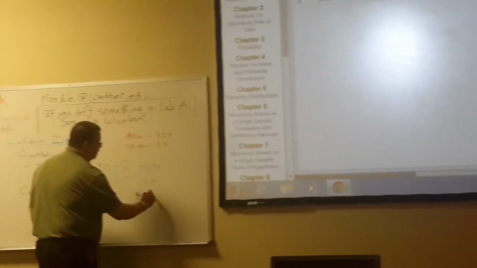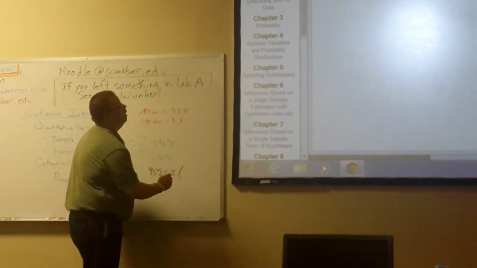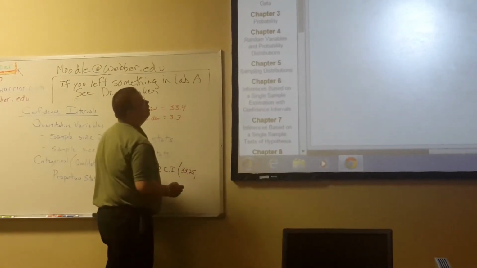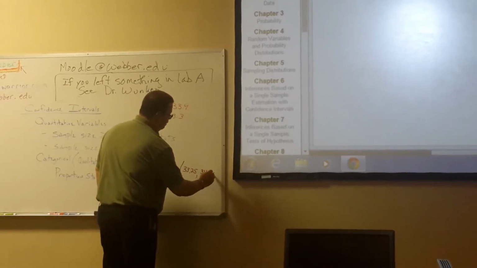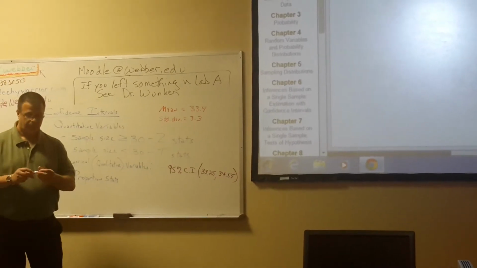So we can write that as our 95% confidence interval goes from 33.25 to 34.55. We round those up.